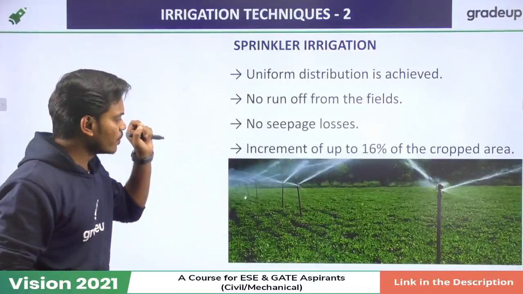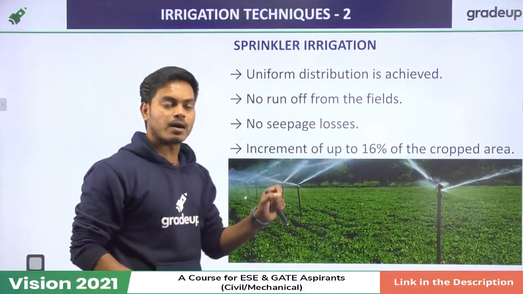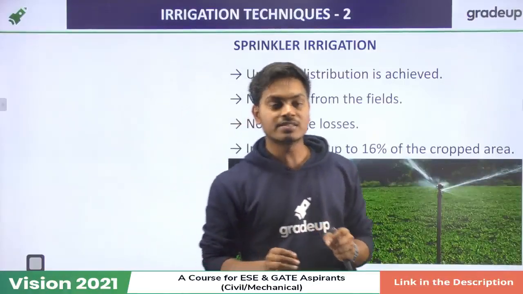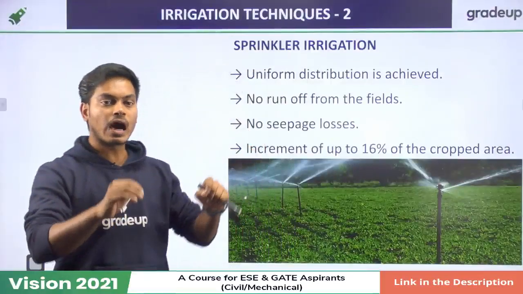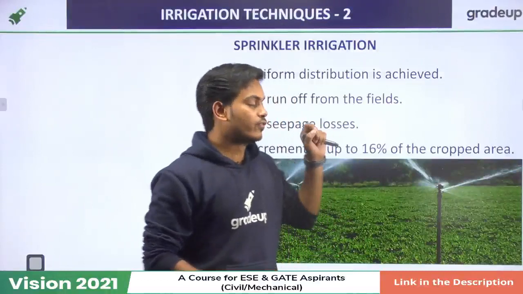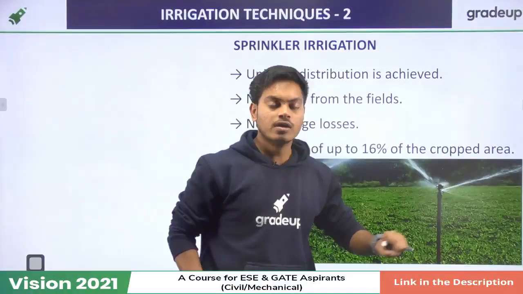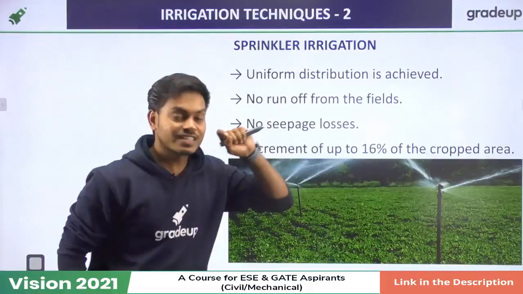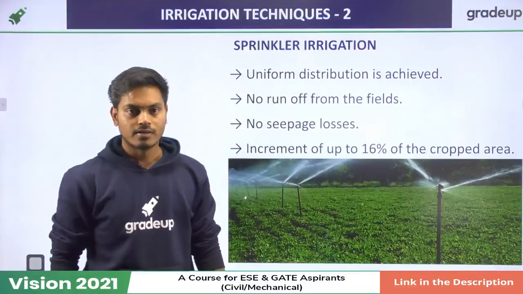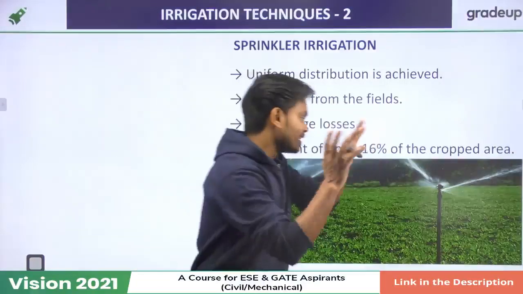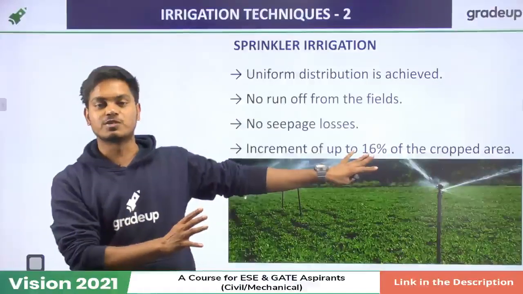All right, so one of the biggest limitations is high wind velocity. When there is a wind of very high velocity, what will happen? It will just distort the flow of the spray.